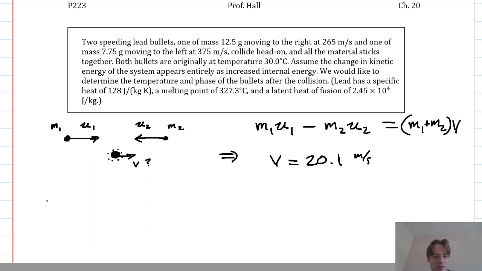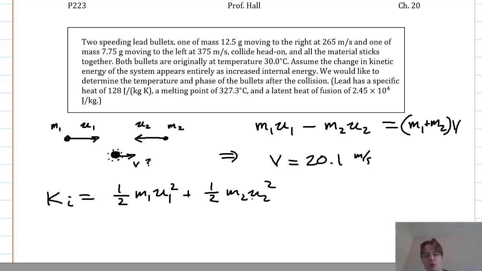What I have to do is calculate the kinetic energy initial, which is just 1/2 m1 u1 squared, plus 1/2 m2 u2 squared. The total kinetic beforehand. The kinetic energy final is not 0, it's equal to 1/2 m1 plus m2, multiplied by v squared, the speed we just found.